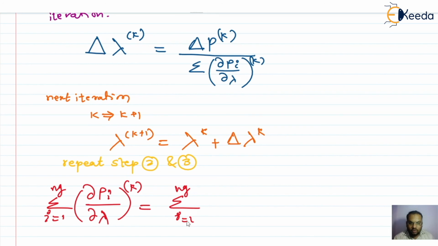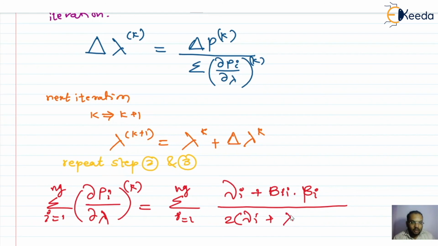Considering the power loss equation, directly I'll give you the terms we will get here: gamma i plus b i into beta i divided by 2 into gamma plus lambda in the kth iteration into B11, bracket square, because we are finding it for the kth iteration, so we use the lambda value in the kth iteration.